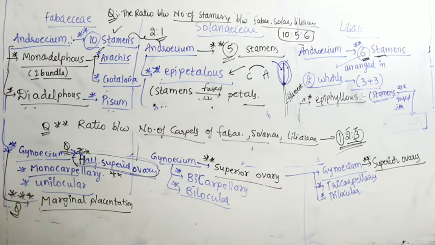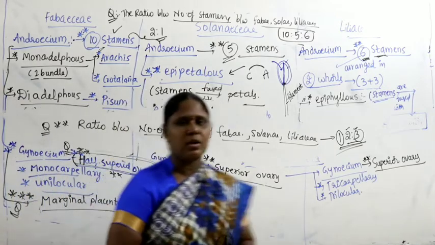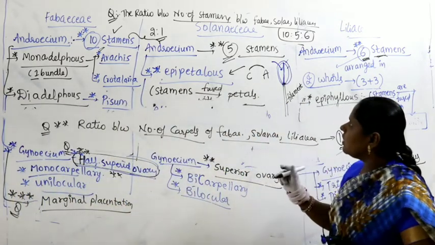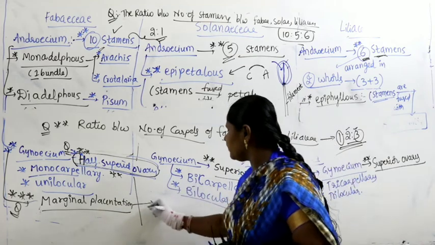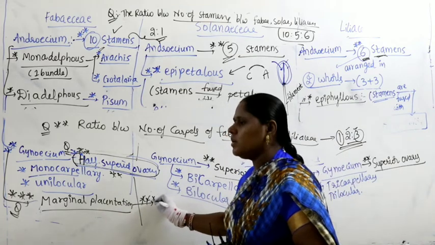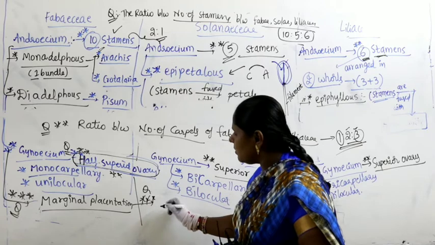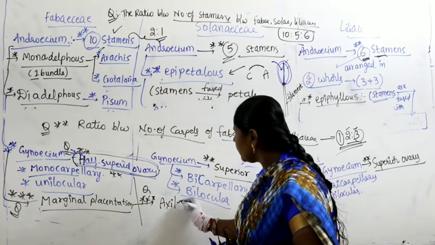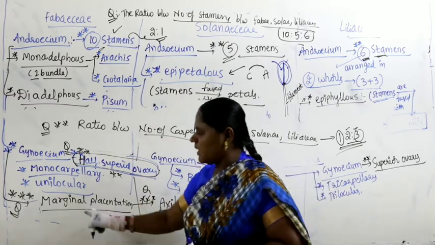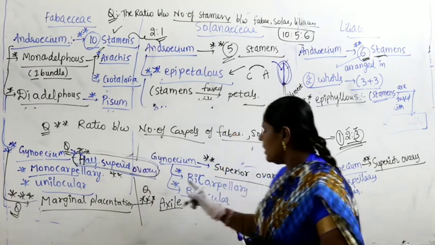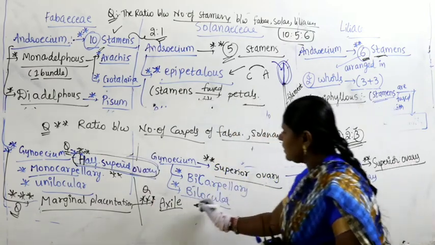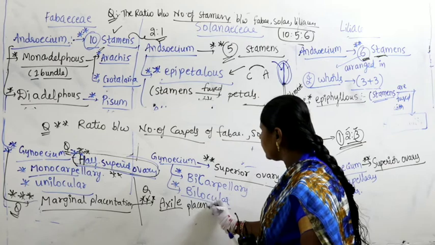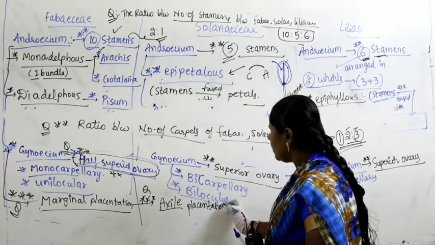If Fabaceae is marginal placentation, then what about Solanaceae and Liliaceae? If you take Solanaceae, it is said to be axial placentation. Fabaceae is marginal placentation, that is a very important difference. The next two are axial placentation. Solanaceae members exhibit axial placentation.